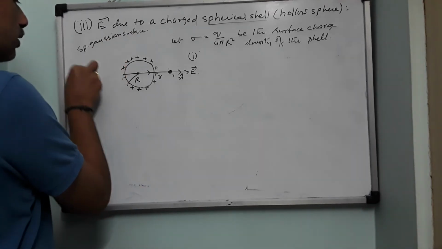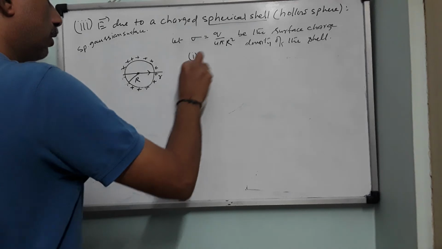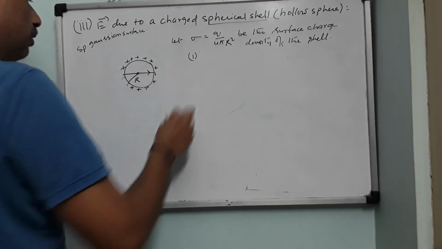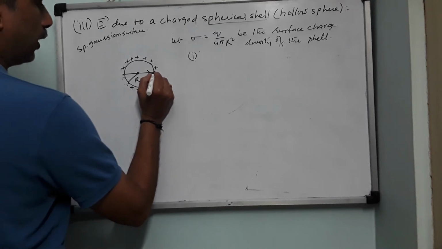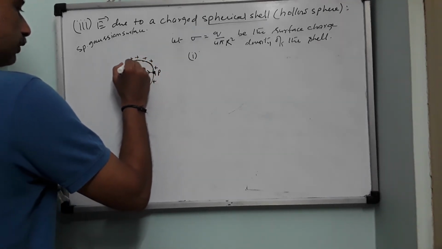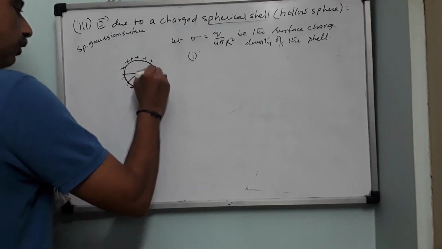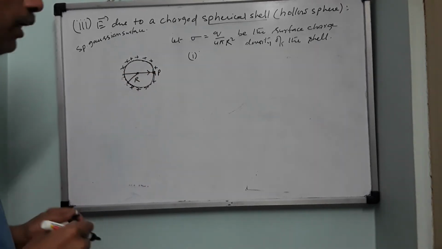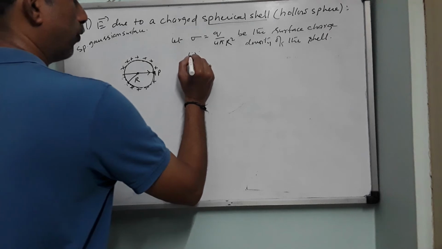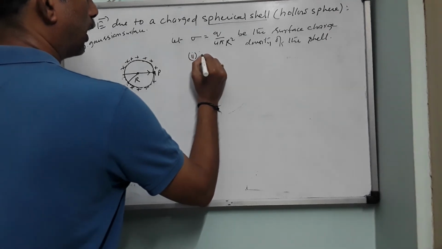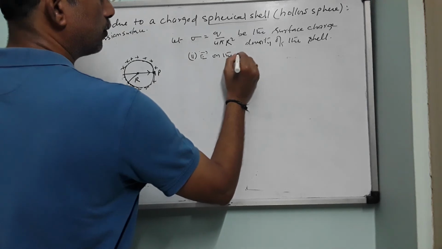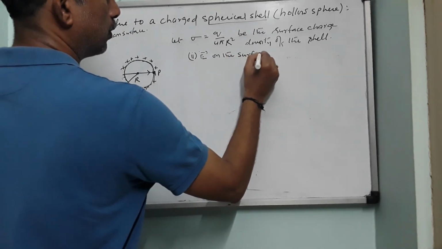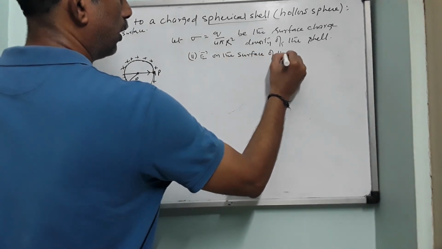Your point of interest is on the shell. So now this is the shell, and you consider point P here. If you construct a Gaussian surface, it will coincide with the surface of the shell.